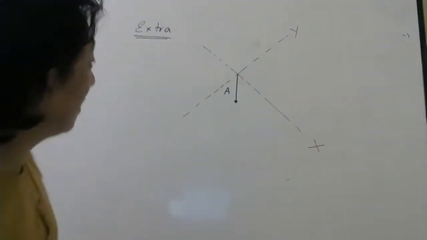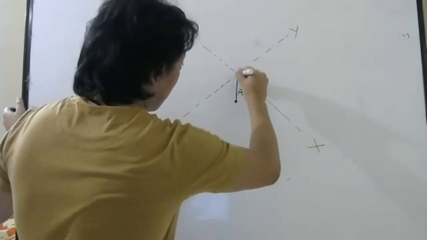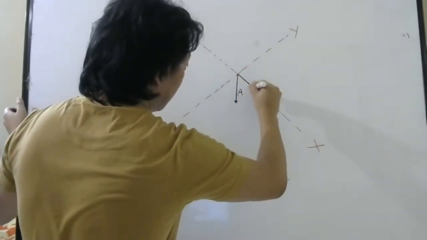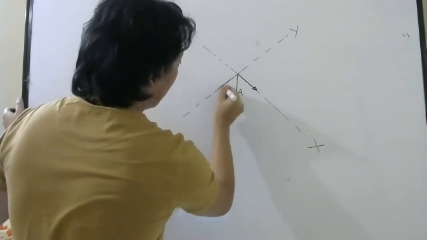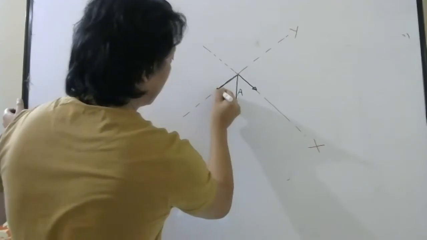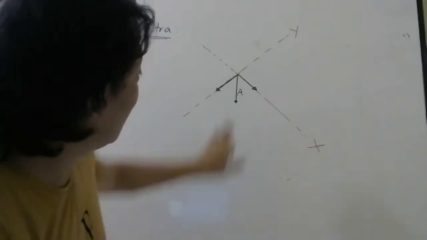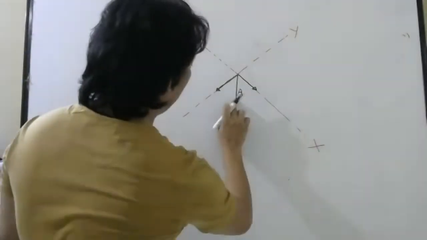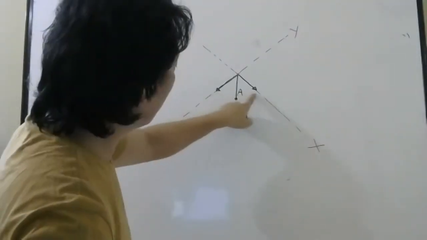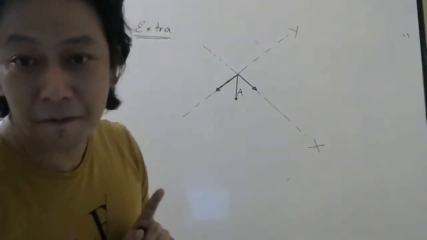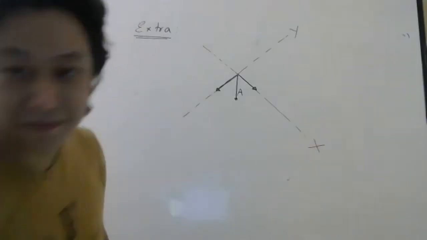Now you can see I can break this vector into one component here, and from the tip you go like this, one component here. Is this accepted or not? These two can be called components of this vector, because if you add this and this, then also you will get this.